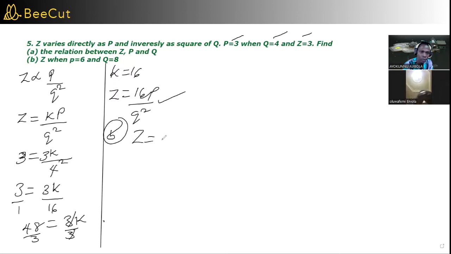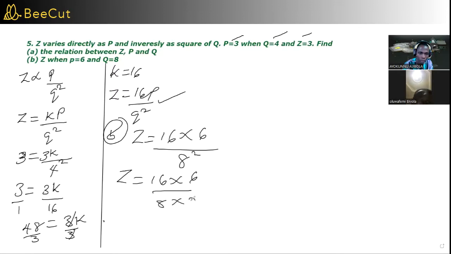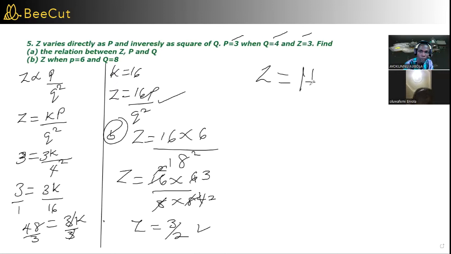So Z equals 16 times P, which is 6, over Q, which is 8 squared. So Z equals 16 times 6 all over 8 times 8. Simplifying, I have 6 over 4, so Z equals 3 over 2, that is 1.5.